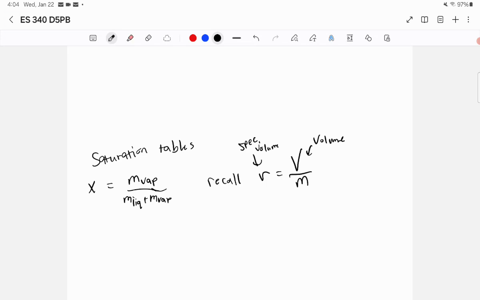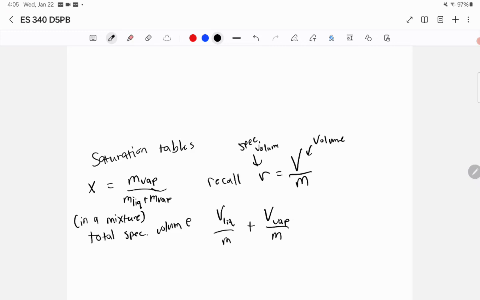If I take the total specific volume, because let's say I'm in a mixture, the total specific volume has to be the volume in the liquid state over M, plus the volume in the vapor state over M. And this is going to work for other quantities that are specific as well.